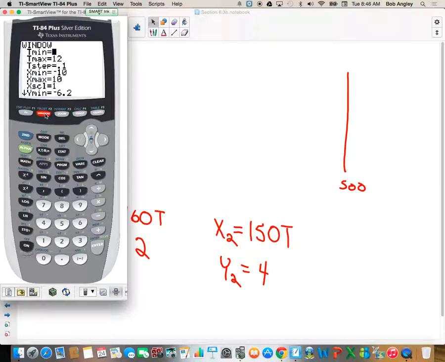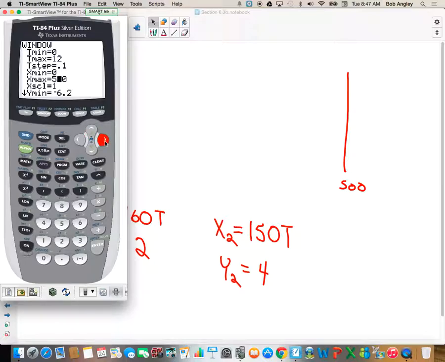We'll come back and do the T step, or the T window, in just a minute. But let's go here. Our X min needs to be the farthest to the left, so that's going to be at 0. And our X max needs to be down the track at the end, so we're going to go 550 there. I'm sorry, not 550, 500, my fault.